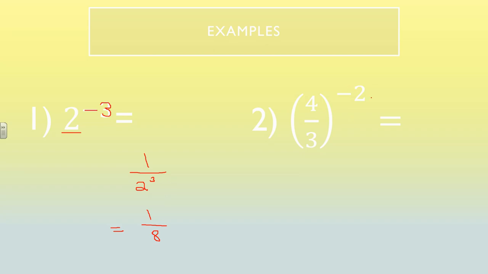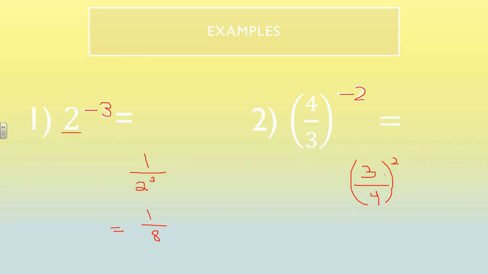Okay, in our second example, we've got 4 over 3 taken to the negative 2 power. Again, to make this positive, we'll have to flip the fraction, which is again 3 over 4. Again, this is in parentheses, so make sure you have the parentheses. But now we can go ahead and make that negative exponent positive, right?